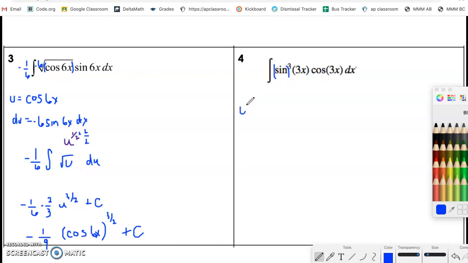So my u equals sine 3x and my du equals, my derivative of this will be 3 cos 3x.